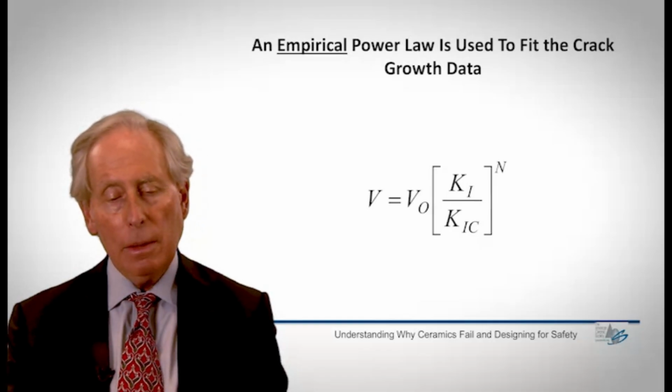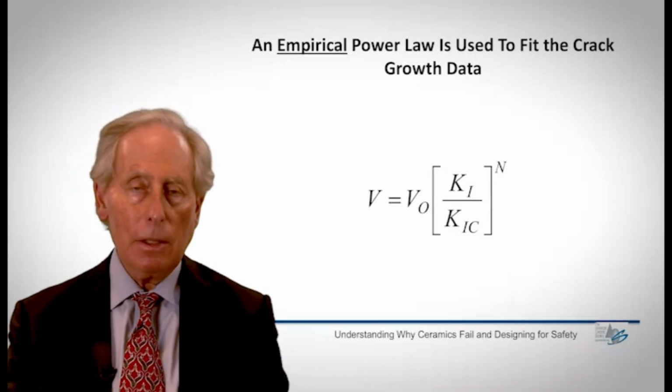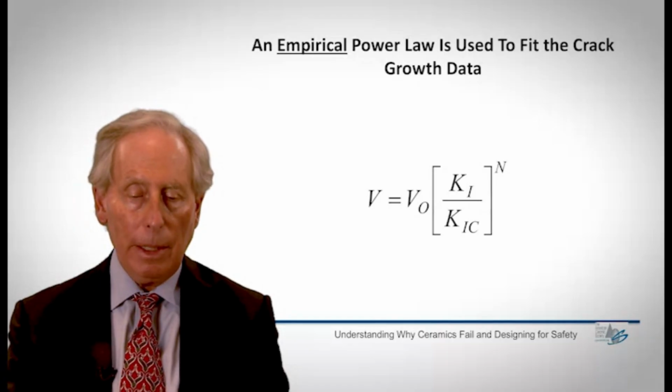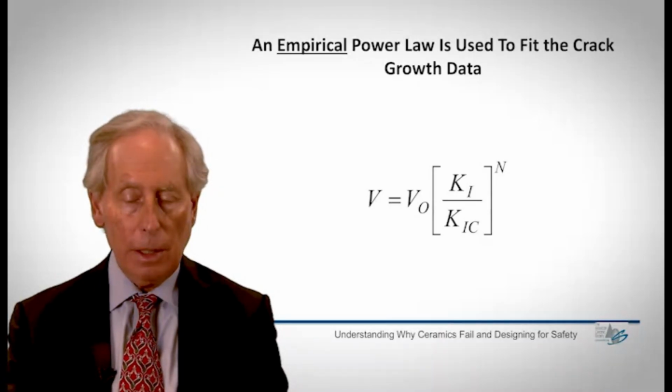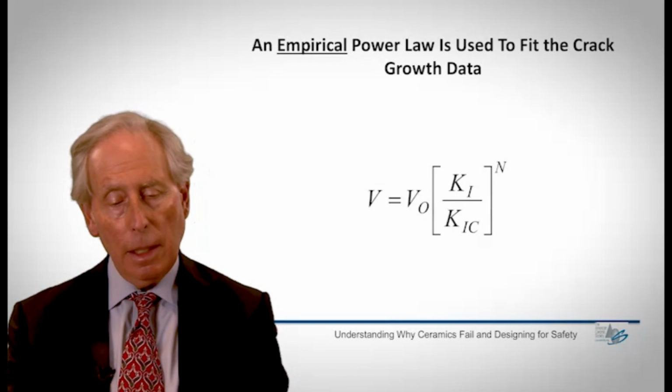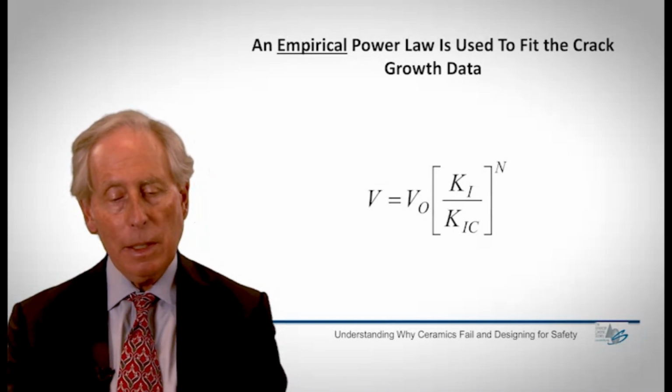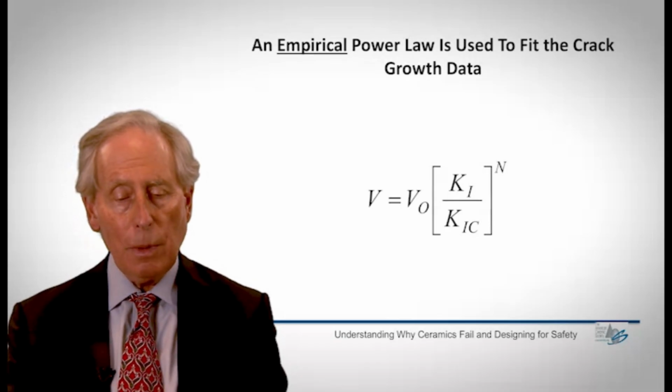The value of n is a measure of the extent to which subcritical or environmentally enhanced crack growth occurs in this material. If we were to look at a fracture mechanics specimen, say a double torsion specimen or a double cantilever beam specimen, this expression would be used.